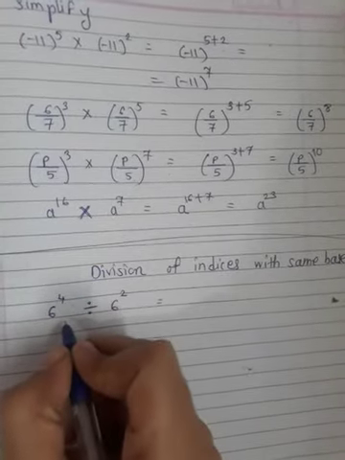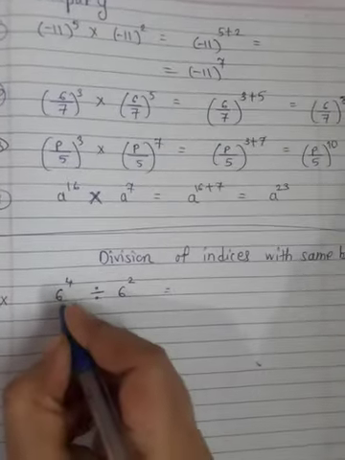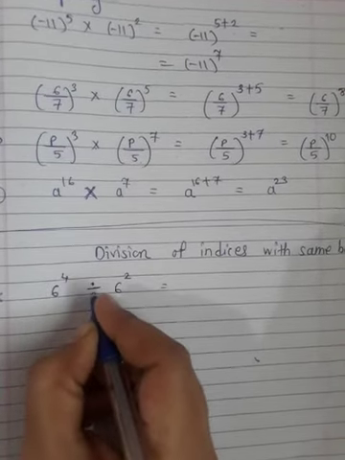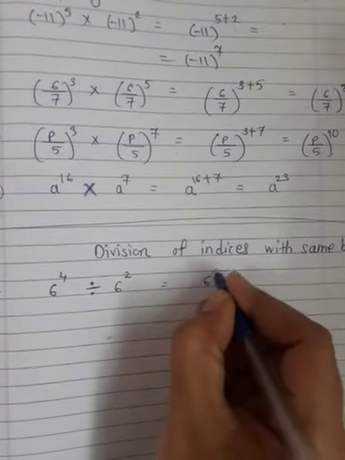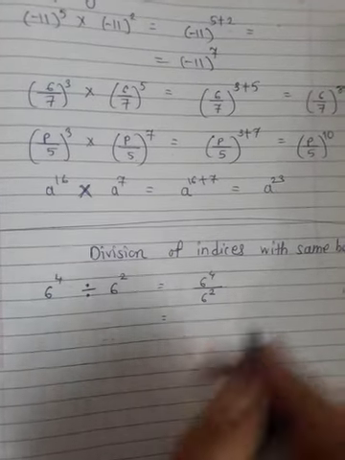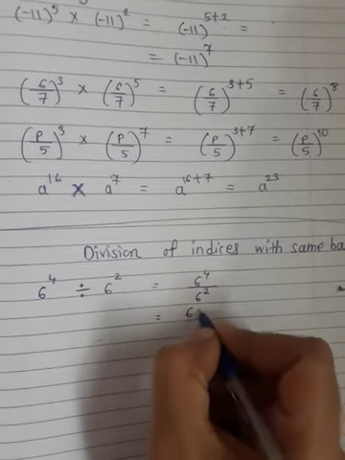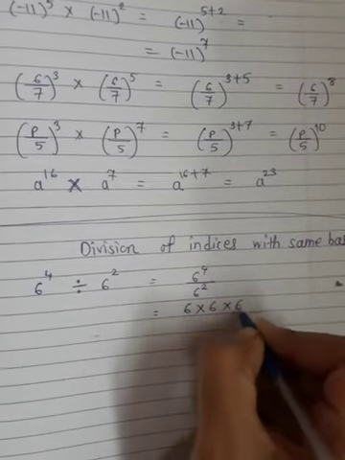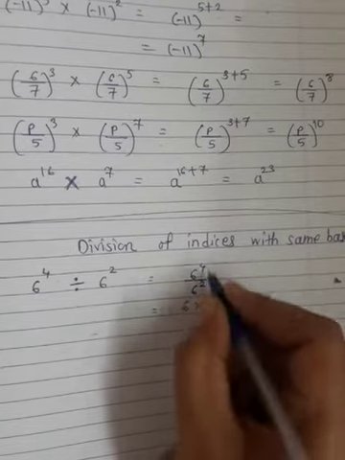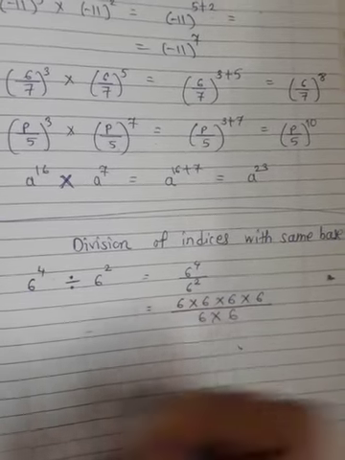Now see what result we will get here. 6^4 divided by 6^2, we can write as 6^4 upon 6^2. Now solve it. 6^4 means multiply 6 4 times, 1 2 3 4, upon 6^2 means multiply 6 2 times.